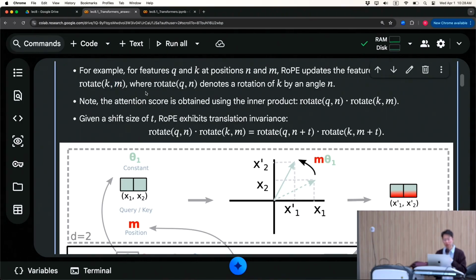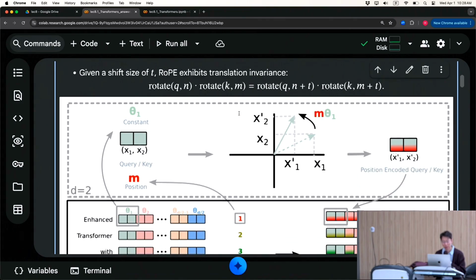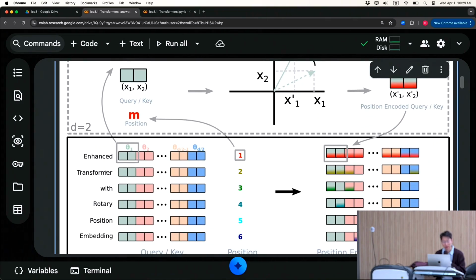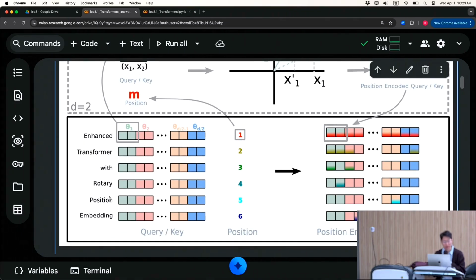So once we rotate these query and key vectors for all locations in the input sequence, when we compute the attention score, we take the inner product between the rotated features. Suppose there is some translation in the relative location of these tokens in the sentence. Suppose we observe exactly the same combination, but in a different position in the sentence.